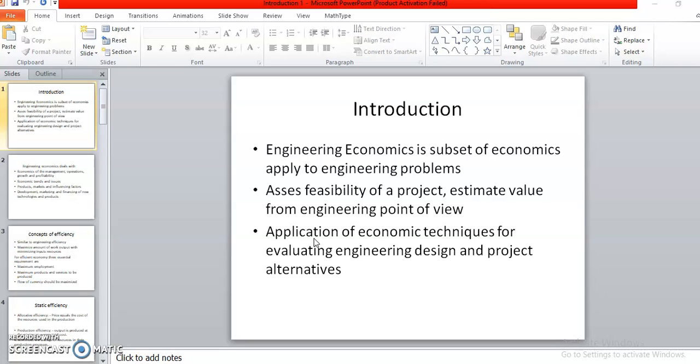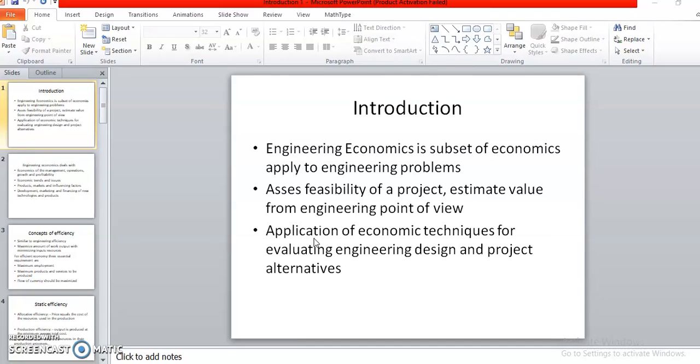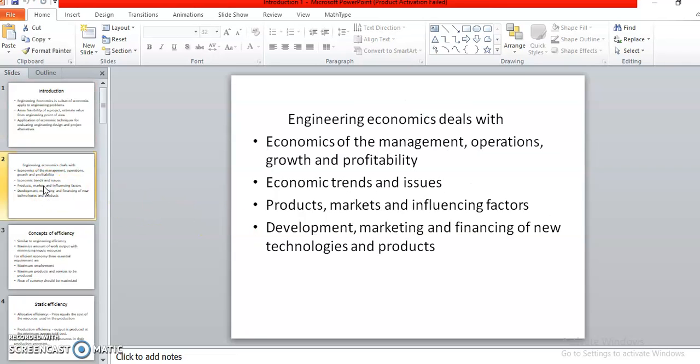So it is a subset of economics which is applicable to engineering problems, and we can reduce the cost of that particular engineering project. These techniques are related to three topics, which are again related to the economy of that particular firm.